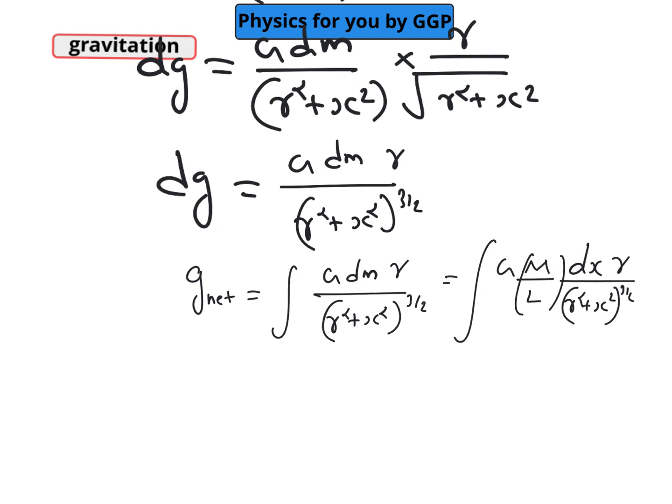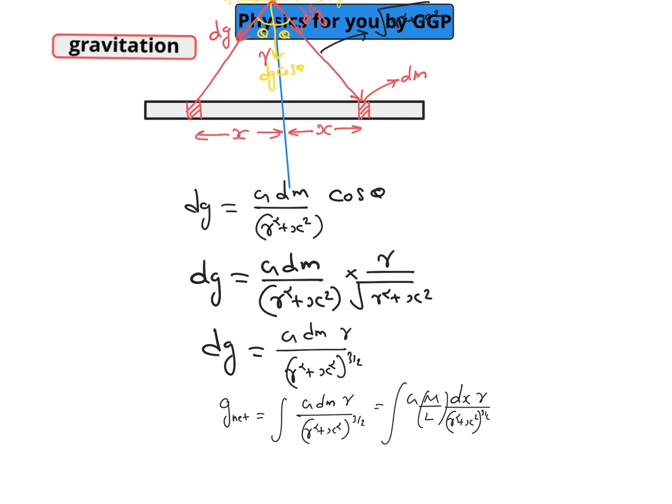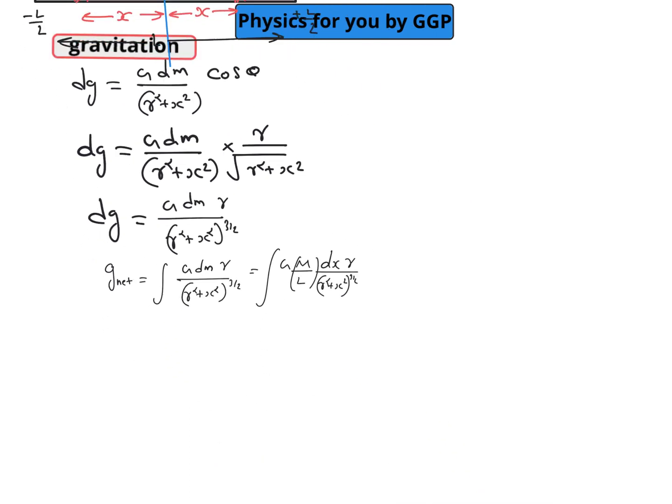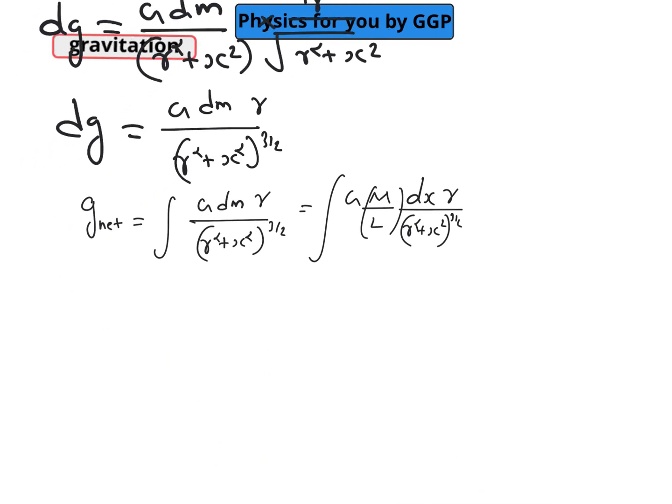The limit of x changes from minus L by 2 to plus L by 2, as the total length of the rod is L.